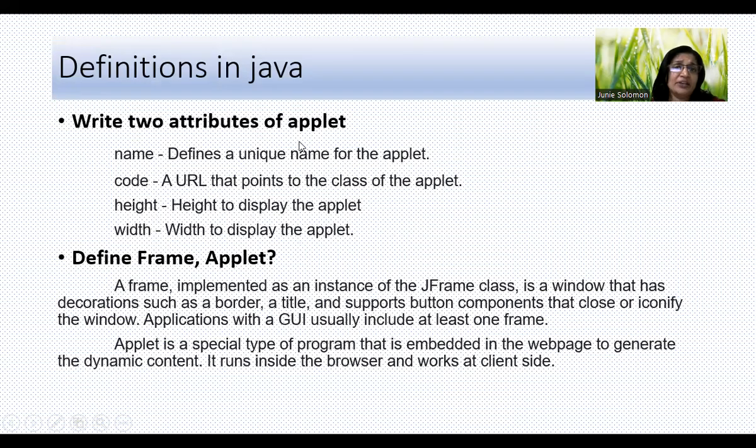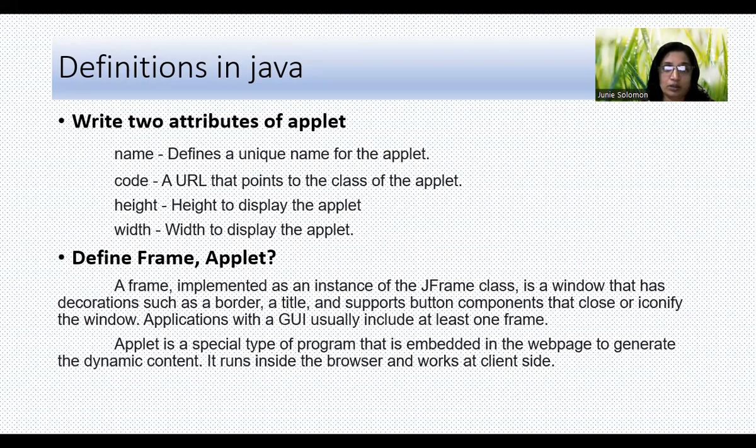Write two attributes in applet. What are the two? I have really written four attributes. You can write two only. So in an applet tag, there are attributes that you write along with the tag. Name is an attribute where you have to write a unique name for the applet.